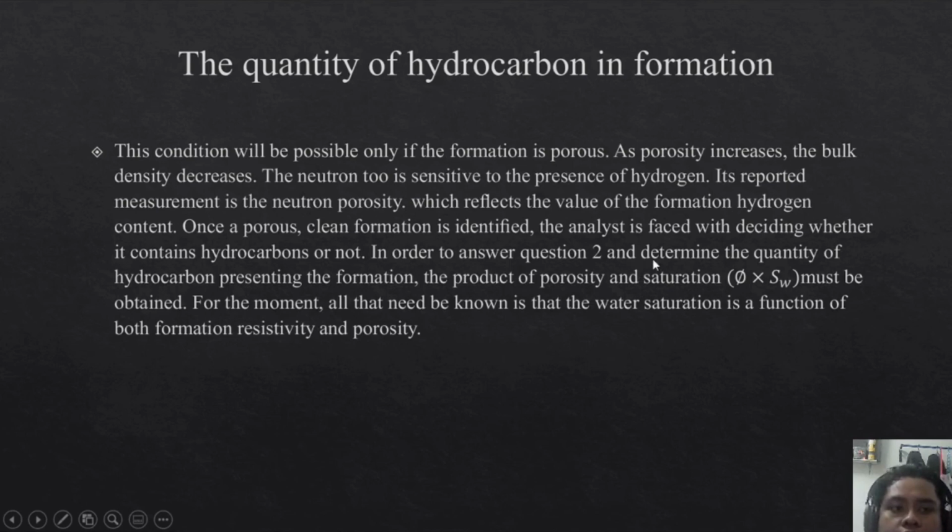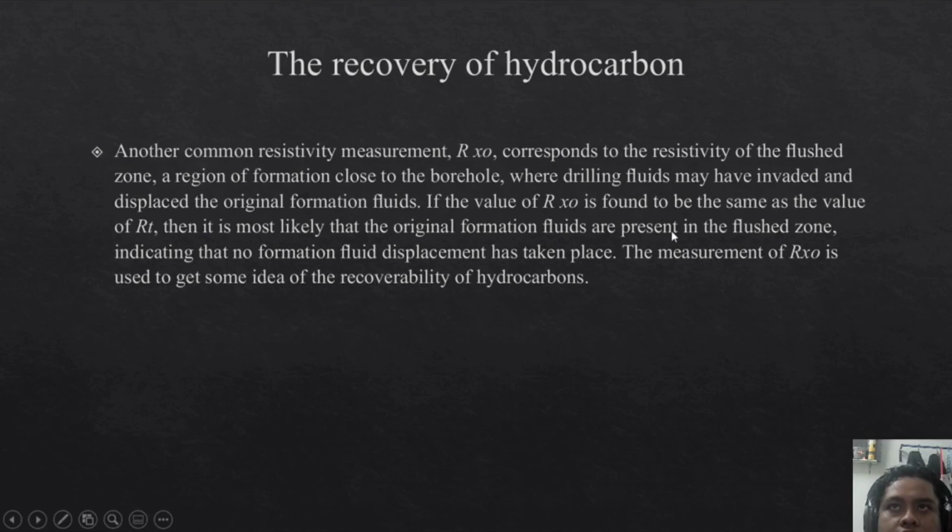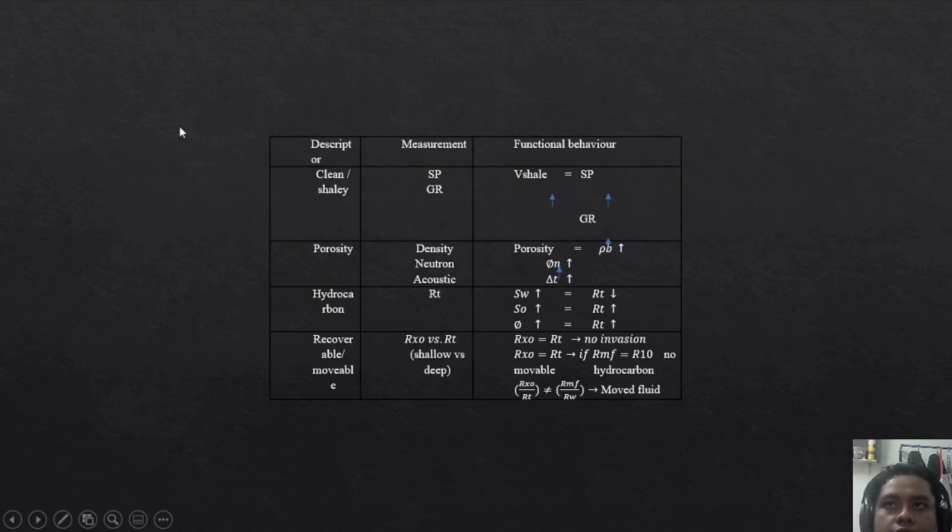This is for the quantity of the hydrocarbon formation. The condition is possible only if the formation is porous. When porosity increases, the bulk density decreases. Which is recovery. Another common resistivity measurement, Rxo, corresponds to the resistivity of the flush zone, as well as this one. This is basically the summary, which is clean or shaly, which is SP and GR.